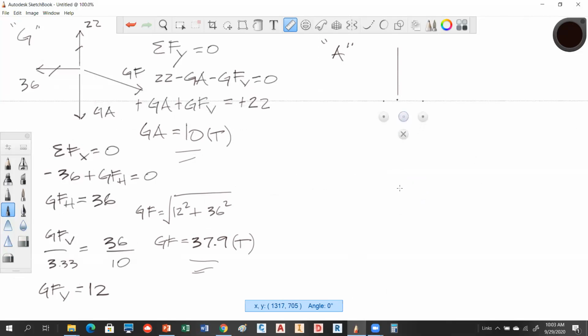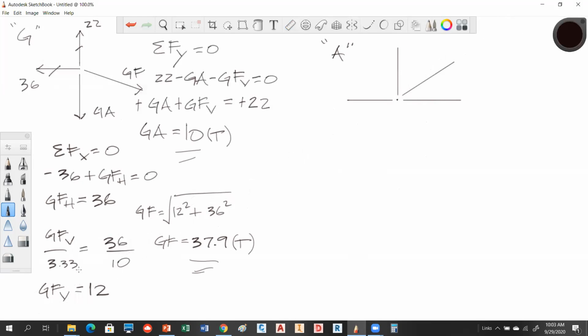So what's going on here is we have a reaction on this guy, and we have an unknown. And then we also have a member coming in that's at, let me draw that a sec. So that would be what we've got going on.